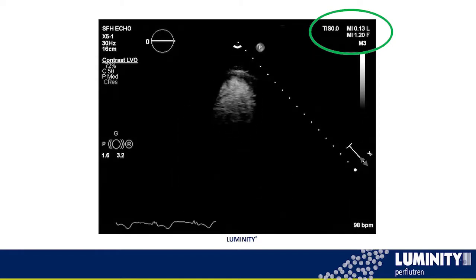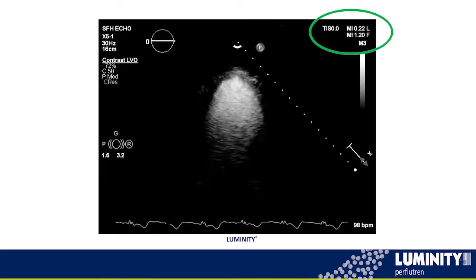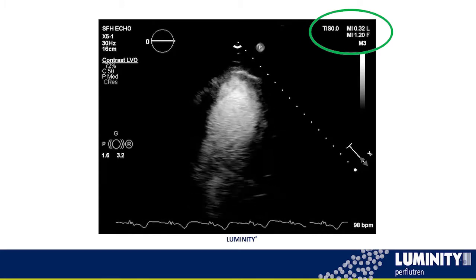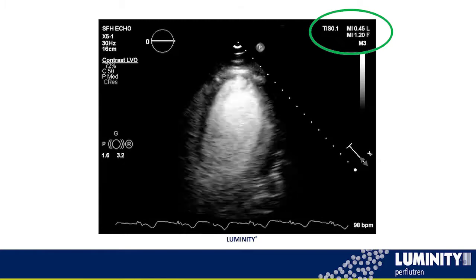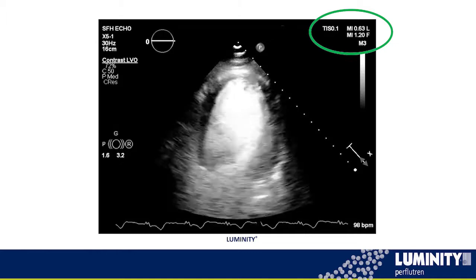The furthest part of the heart from the ultrasound transducer here is the base. So it makes sense if we send a louder signal that it's actually going to resonate those bubbles that are further away from us, maybe 10 or 15 centimeters in this example. So it's not only about the size of the patient, right?